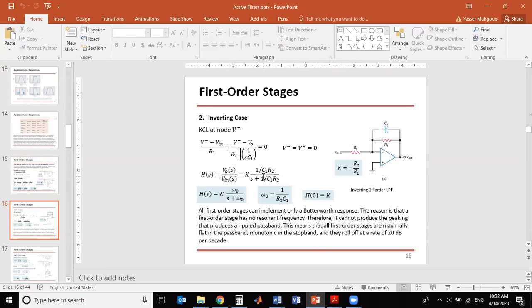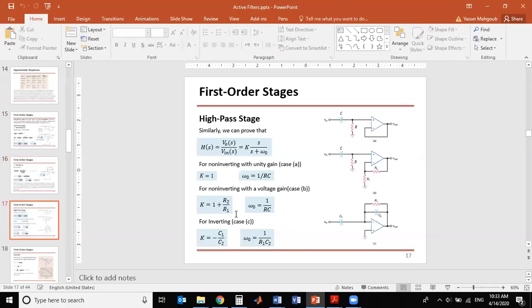So you need to use the KCL, KVL methods to find the transfer function, okay? And also from this transfer function, you find the cutoff frequency, bandwidth, quality factor Q, and so on.